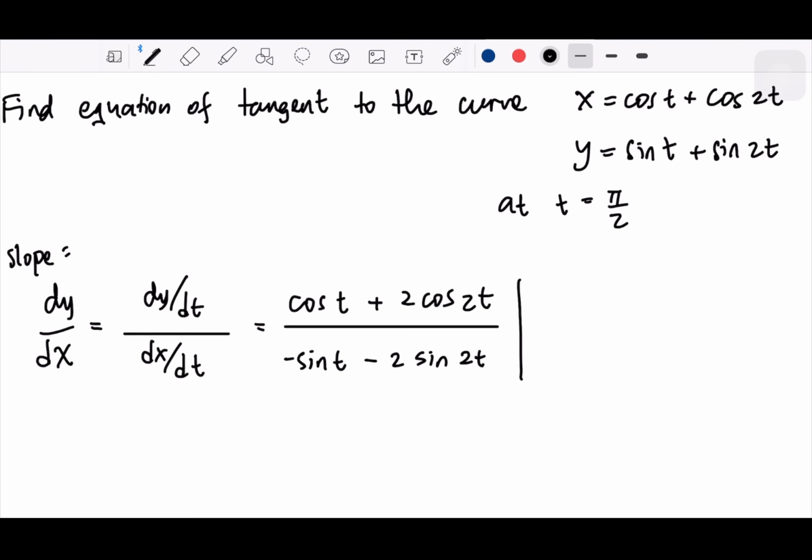And we input t equal pi over 2. The numerator will be minus 2, right? Because this is 0, this is minus 2. The denominator will be minus 1, minus 2 times 0, so minus 1, right? So we will have 2.